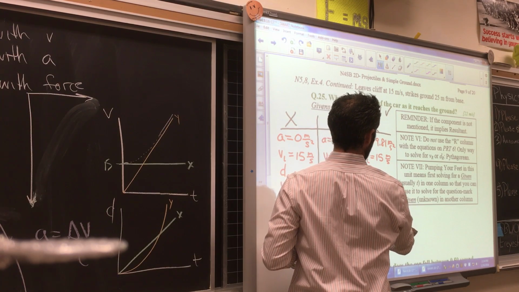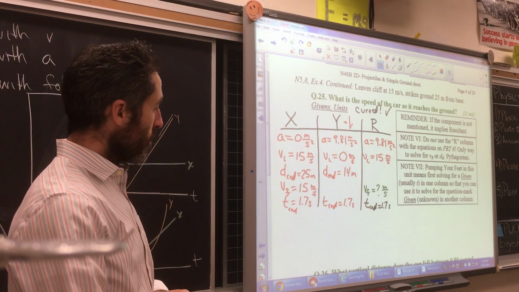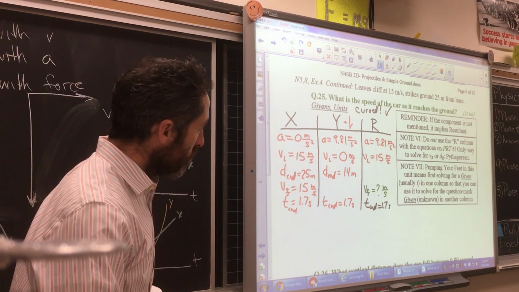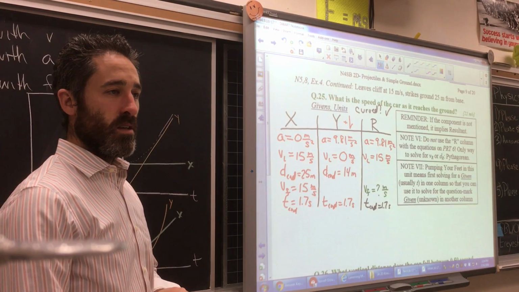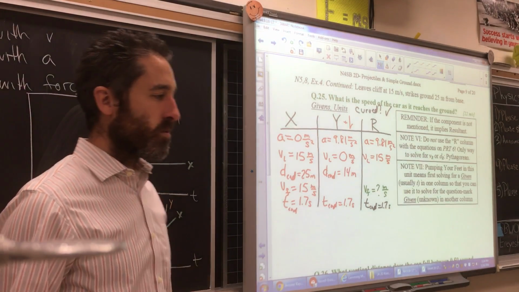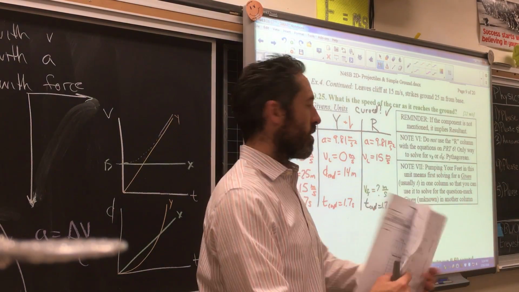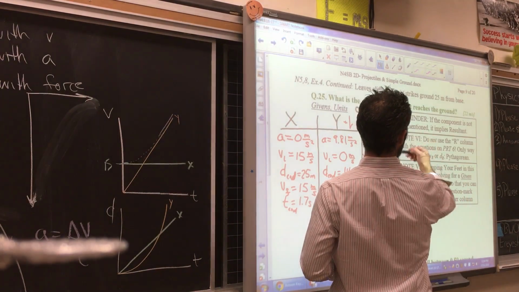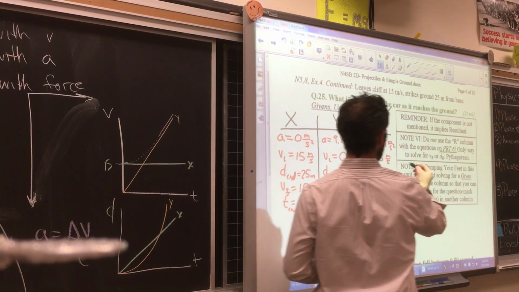This is the question. And so, I'm going to warn you. Can you use the resultant column to solve this? The answer is, and there's no reason for you really to know, the answer is N-O, no. This note over here, do not use the R column with the equations on PRT 6.